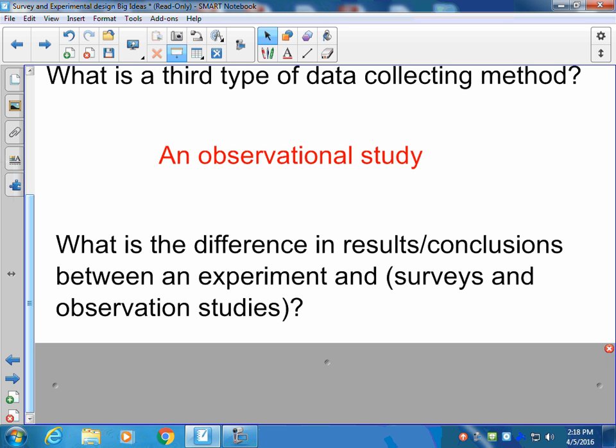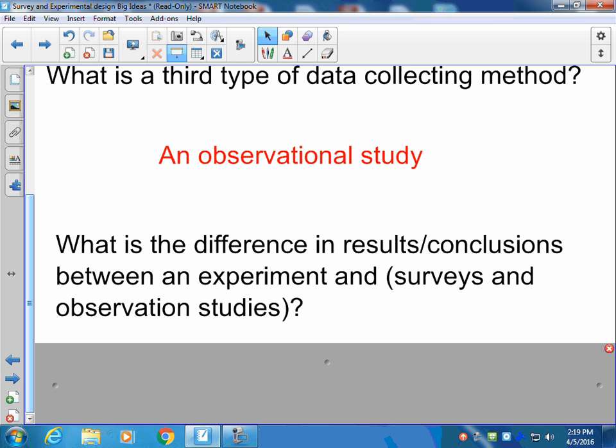Then the next thing we want to look at: what is the difference in the conclusions that we can come up with when we're talking about an experiment versus a survey or an observational study?